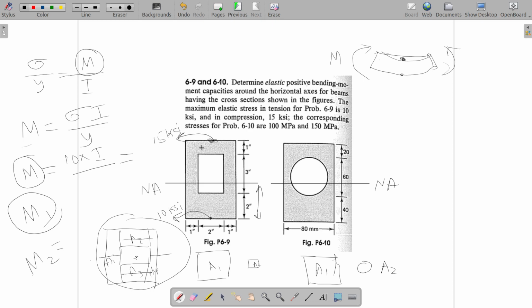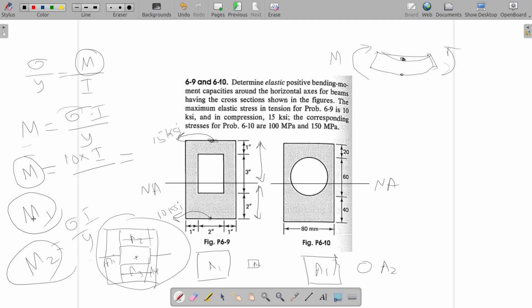So put sigma is equal to 15 ksi. I is exactly the same as the previous problem, as the I is the same for a given cross section, right? You already know that. And y will be the distance between the neutral axis and this uppermost point. Using that you calculate sigma I by y, which is M2.